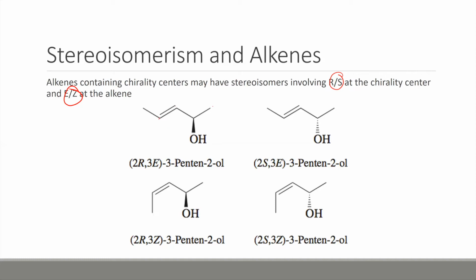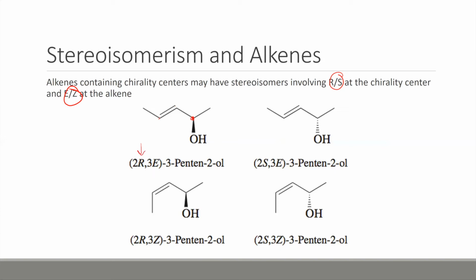So for example, in this first molecule, we have a double bond and a chiral center. This is an alcohol. Remember, alcohols get priority, so it's a pentenol. Our alcohol chiral center had an R rotation.